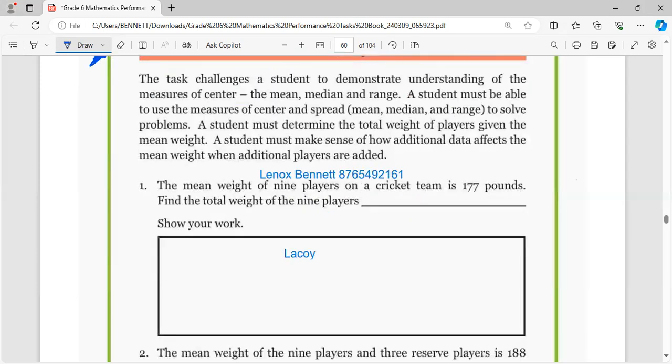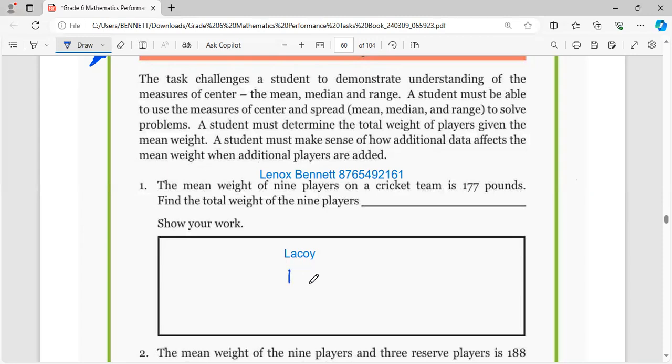The only logical way you can do this is to multiply, since you add up all the players' pounds and divide by 9. So the opposite of divide is multiply. You would multiply the 177 by 9, and then recheck.